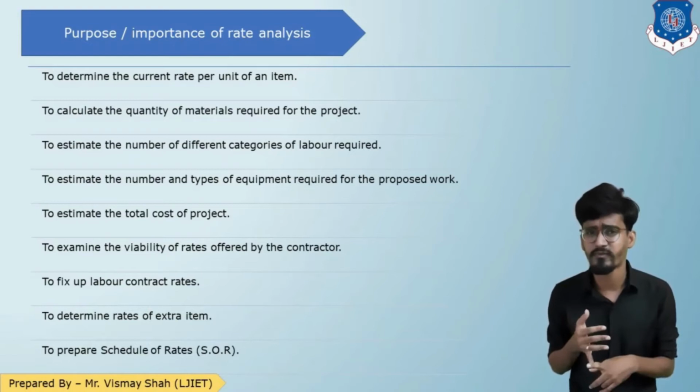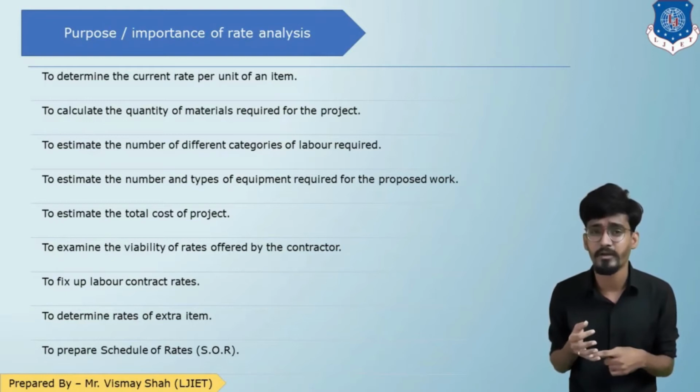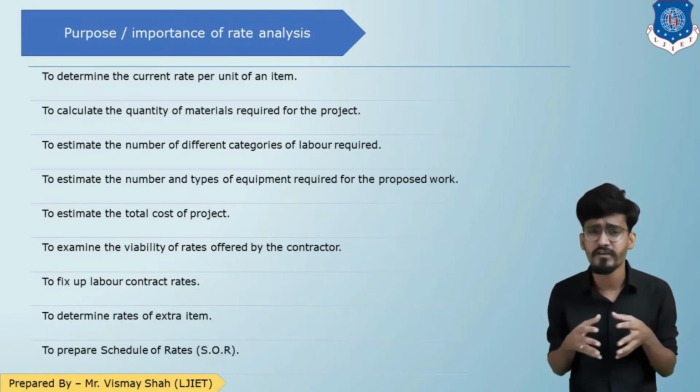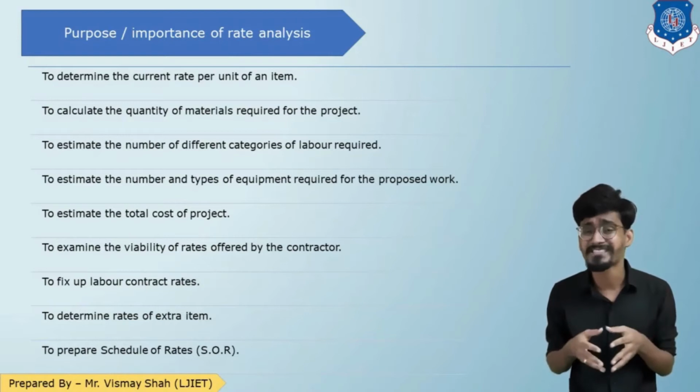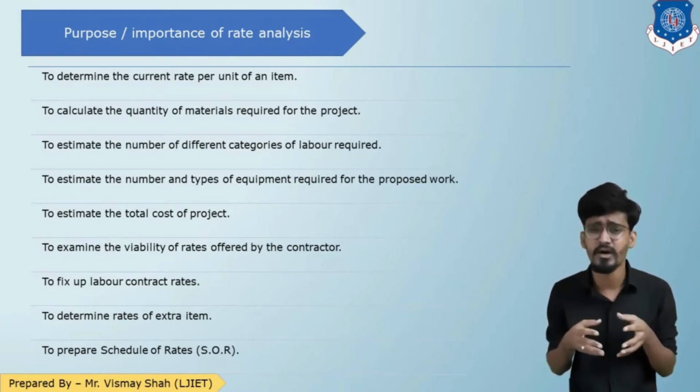Then to calculate the quantities of material for the particular item, to count the number of laborers required for the particular item of work, to have the count of the number of equipments required for the particular job, to know the overall cost of the project, to check the viability of the rates offered by the contractor, to fix the labor contractor rates, to fix the rate of an extra item, and to prepare the schedule of rates. So these are the purpose or importance of the rate analysis. I hope this is a very easy topic, so I am not going into much detail.